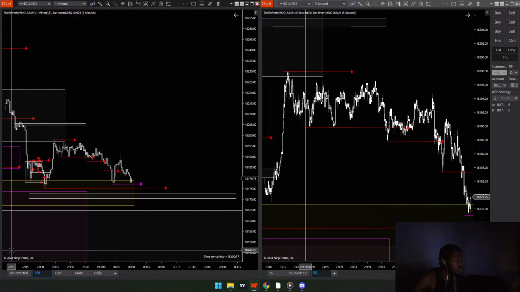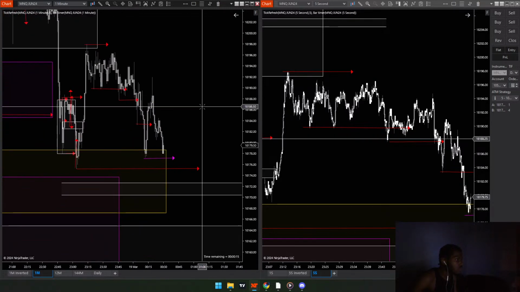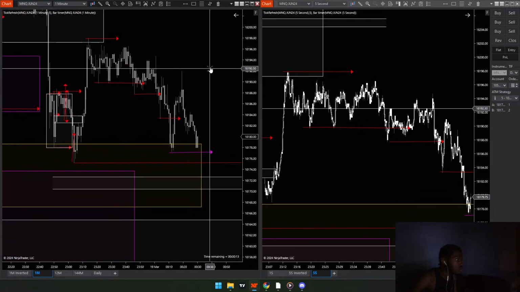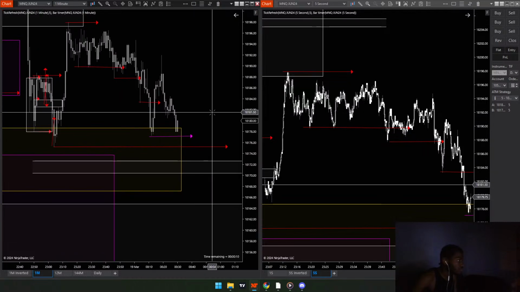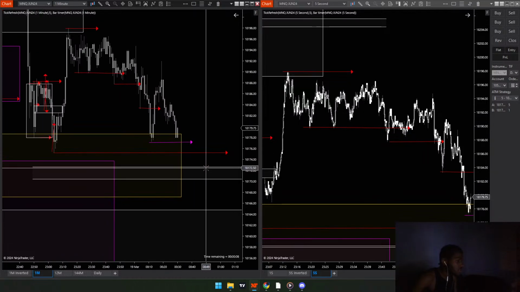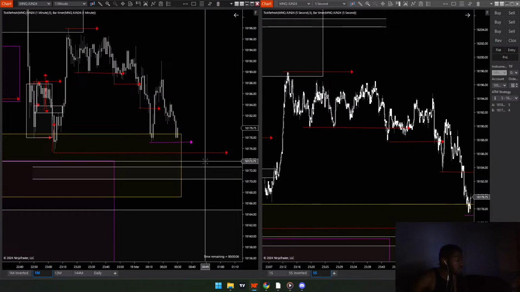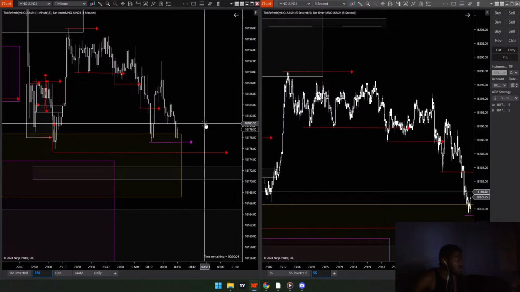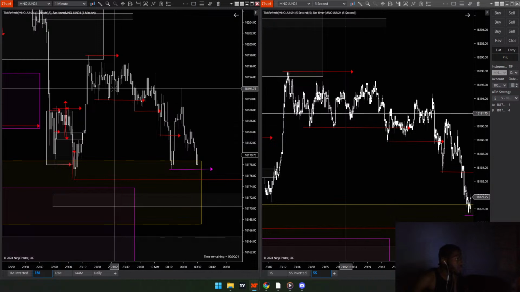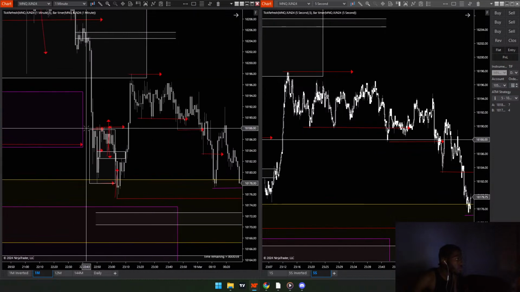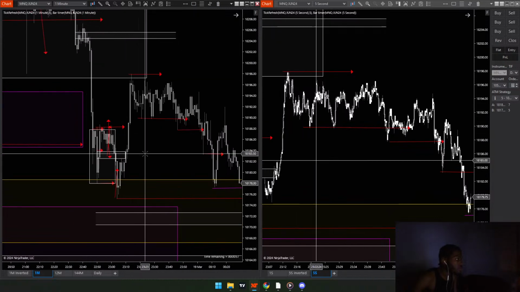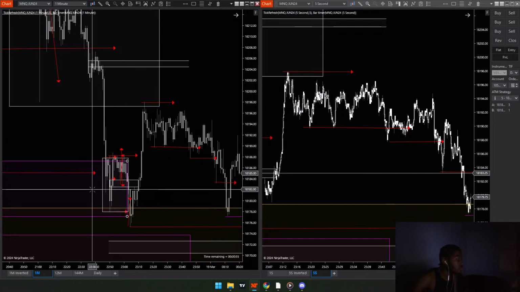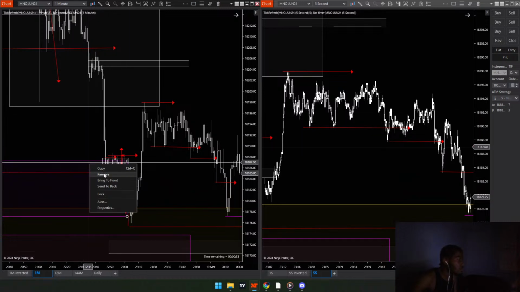Let's zoom out here. I'm waiting for this low to get taken, and then see my confirmation in this 50%. We currently have, so this is the first flip. We've already fulfilled this idea, so it's cool.